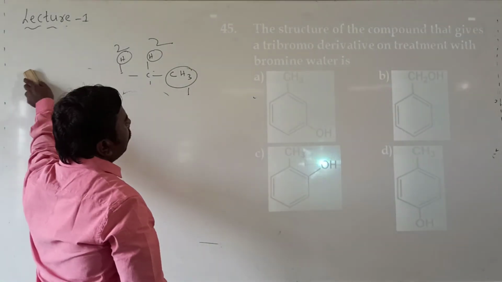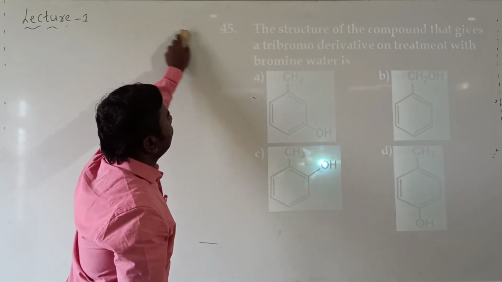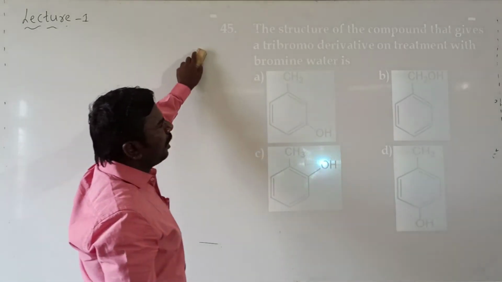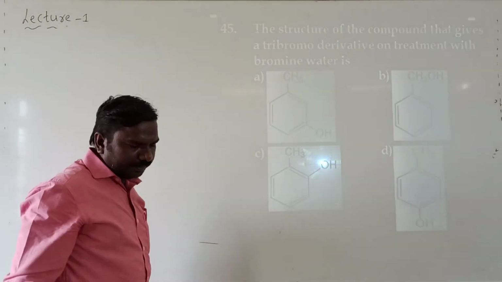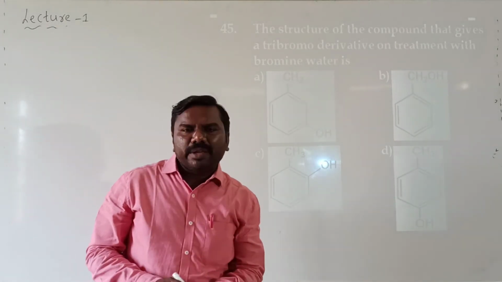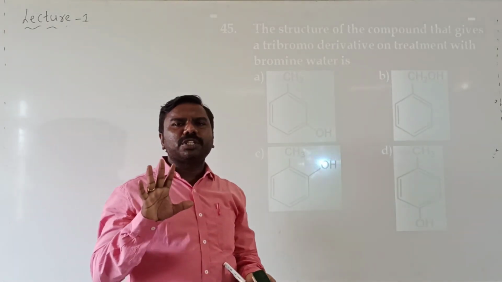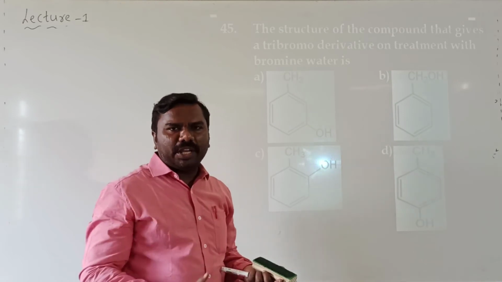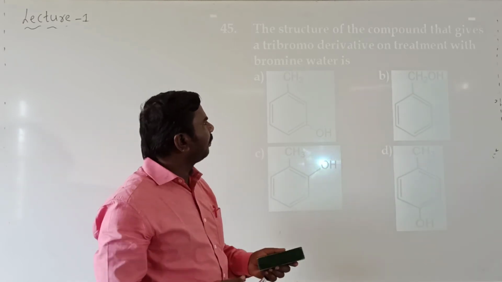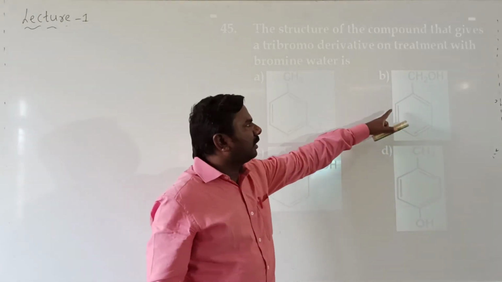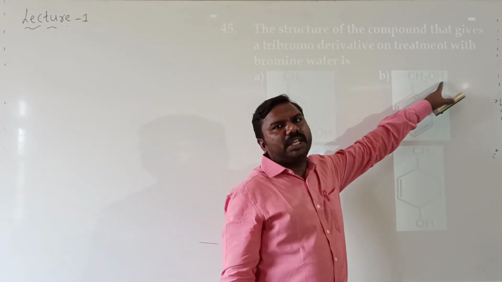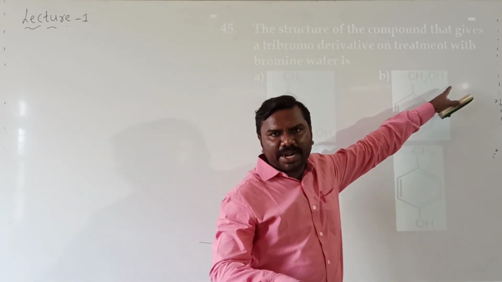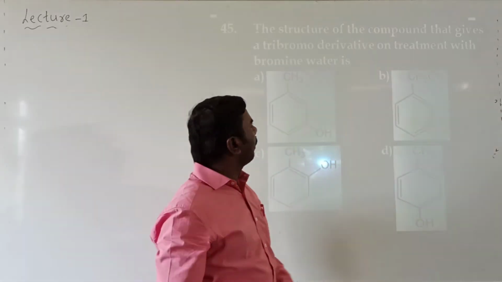The structure of the compound that gives a tribromo derivative on treatment with bromine water. Tribromo means 3 positions must be free, then only it gives a tribromo. In CH2OH, in place of OH only Br will be added, not to benzene.